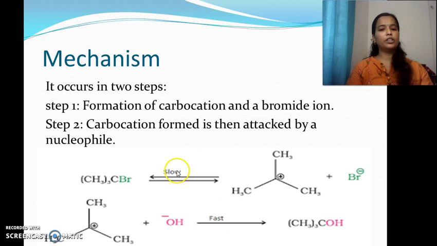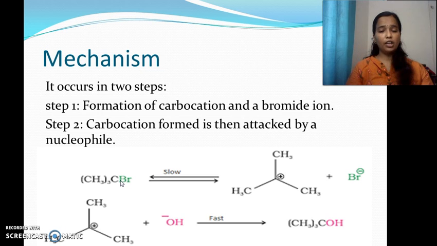So in the slowest step, only one reactant is involved, that is the alkyl halide. So this is the rate determining step. The first step, that is tertiary butyl bromide changing into carbocation, is the rate determining step. So in the rate determining step, only one reactant is involved.